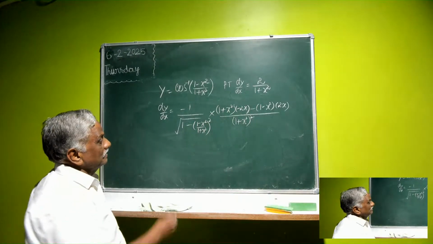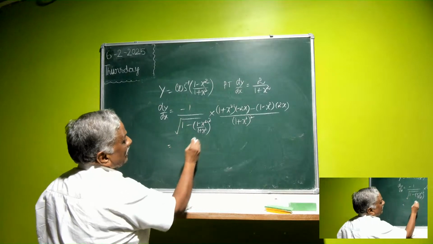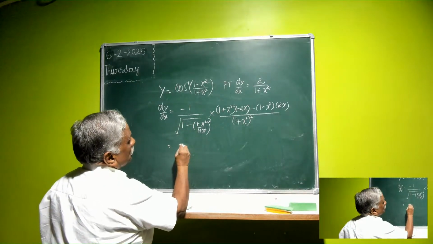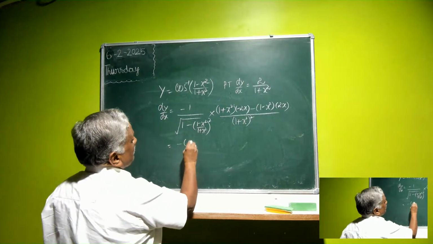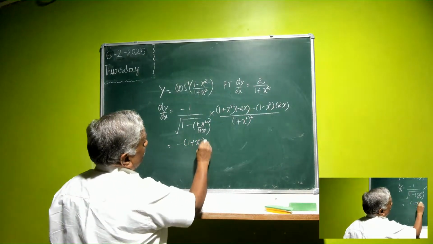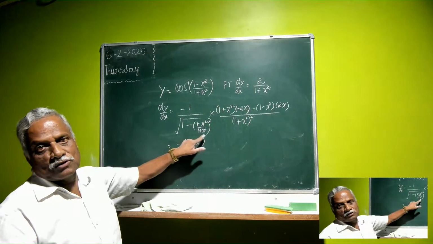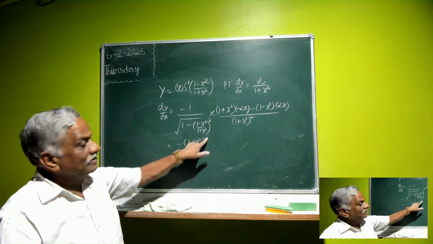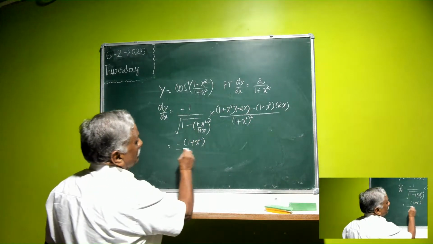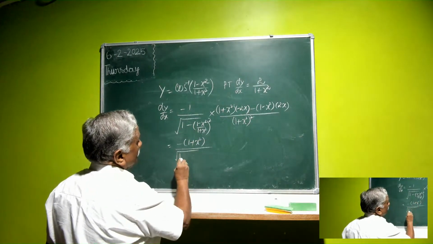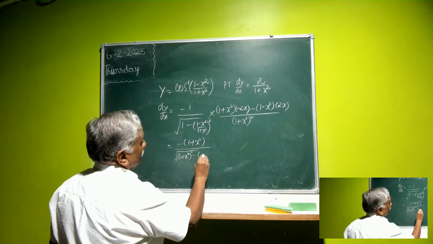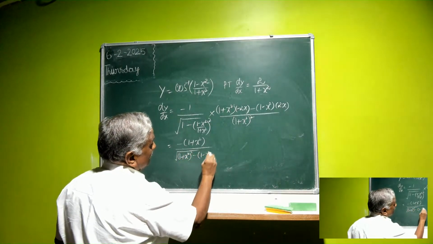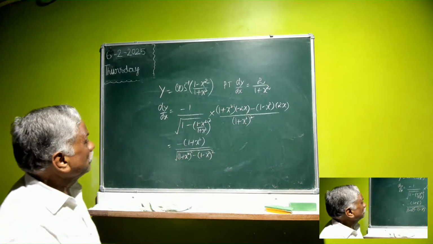Let me explain that. Sorry, I take the LCM. Because the whole square is there, it becomes 1 plus x square. LCM is 1 over 1 plus x square whole square. That will come to the numerator. This is root of 1 plus x square whole square minus 1 minus x square whole square. I think you can understand this.